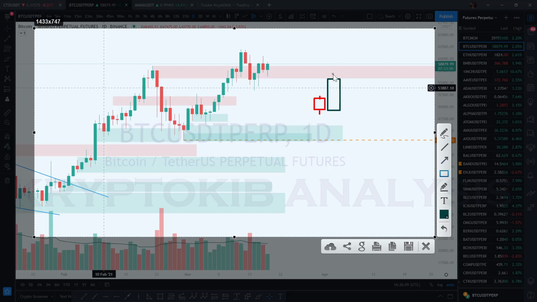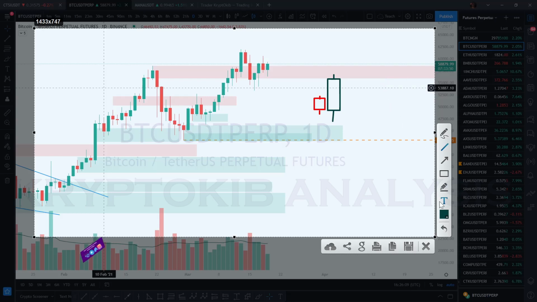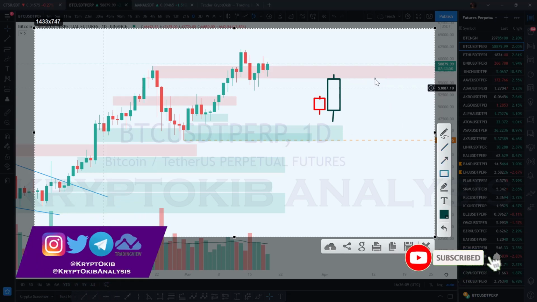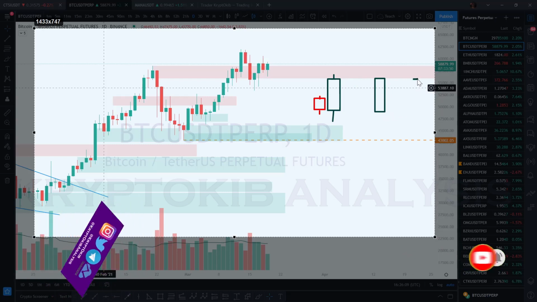Say you have a wick to the top. You also have a wick to the bottom, like this. This is one. Let's make that one. Then let's do another one. I want to show like three different examples here. Then you have this.